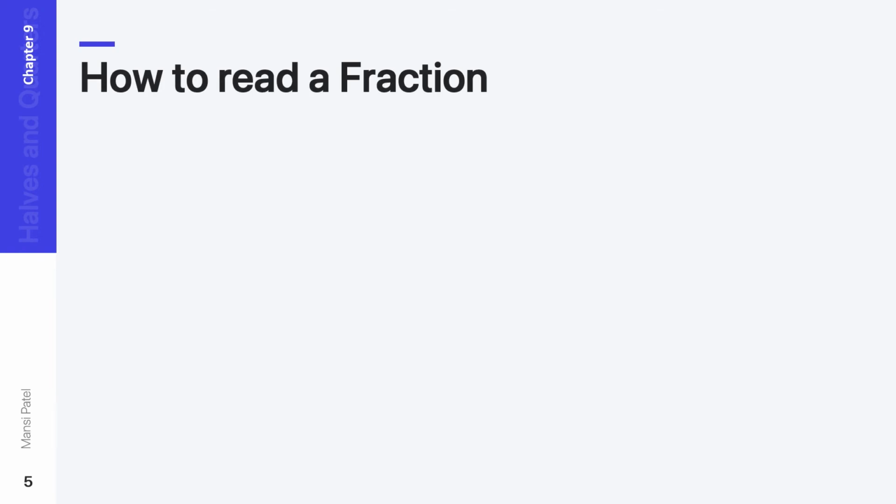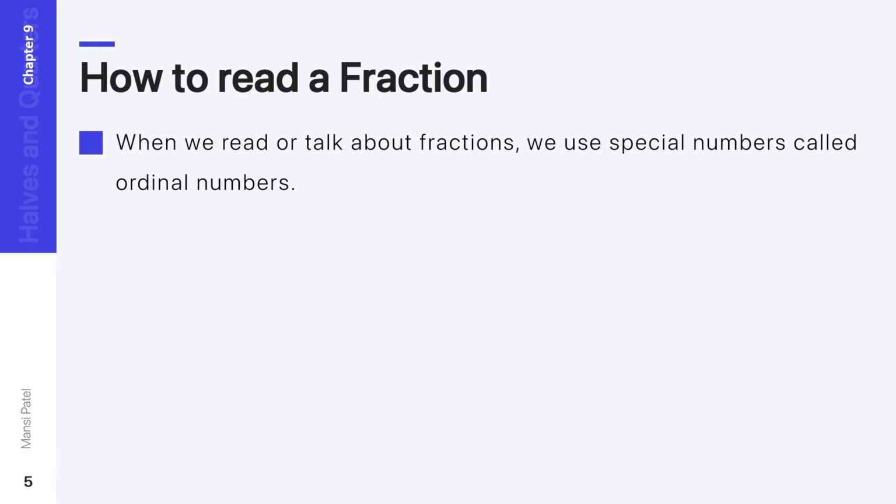How to read a fraction? We already studied that a fraction has two parts. One is the numerator and the second is the denominator. Now if we want to read a fraction, how can we read it? When we read or talk about a fraction, we use special numbers. Those special numbers are known as ordinal numbers.